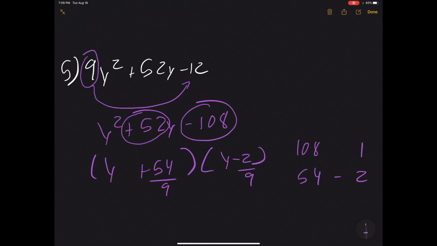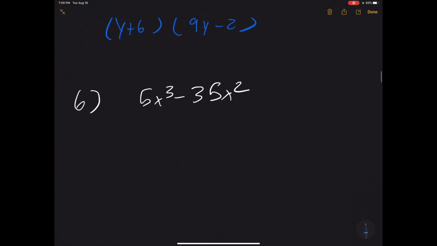Now we simplify. 54 over 9 is 6. 2 over 9 doesn't simplify. And then we slide back. The only thing we can slide is this 9 back to the front. So we get y plus 6, 9y minus 2. And that is my factorization of number 5.